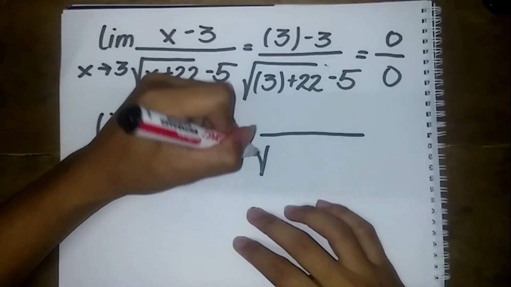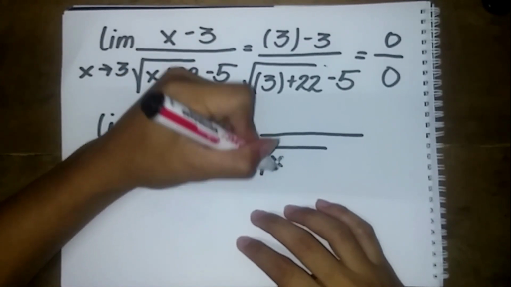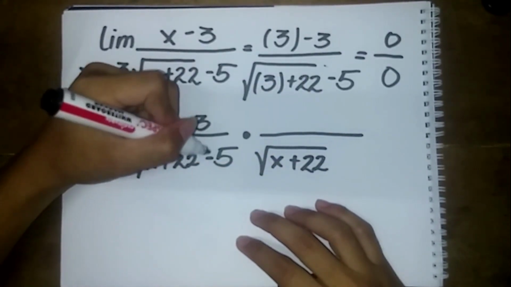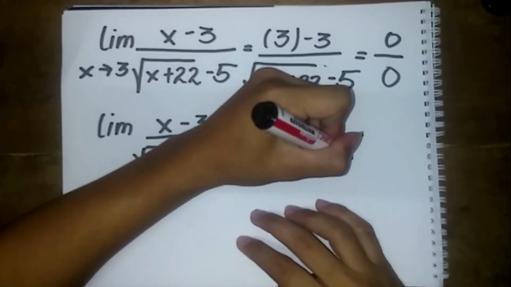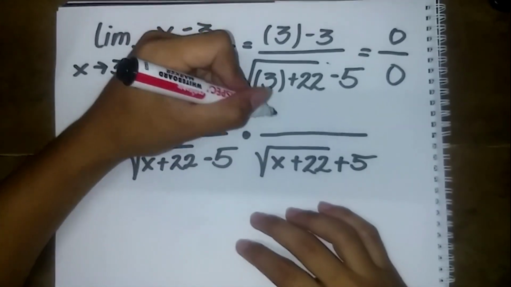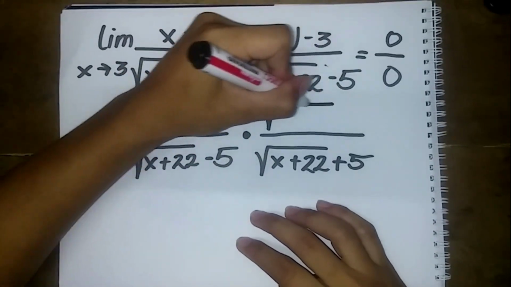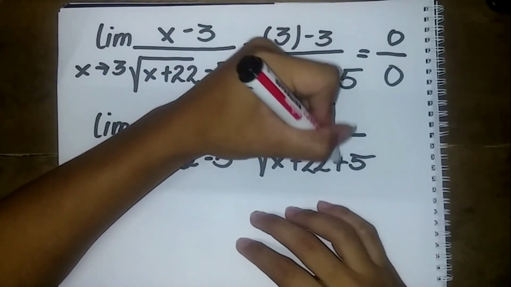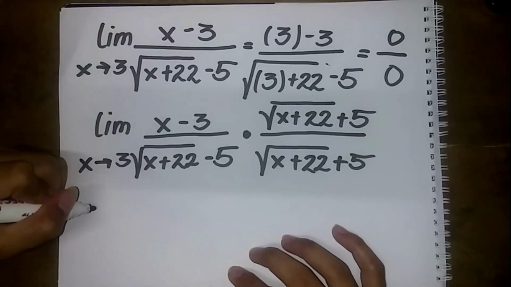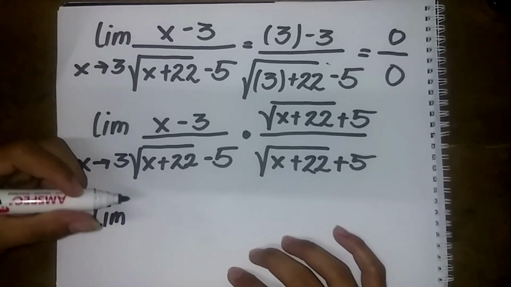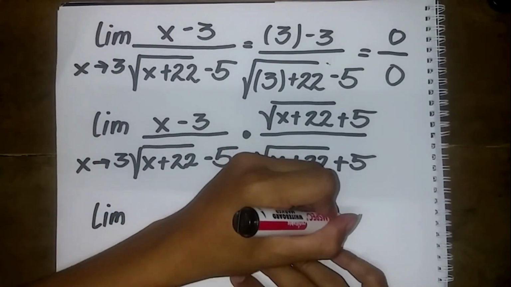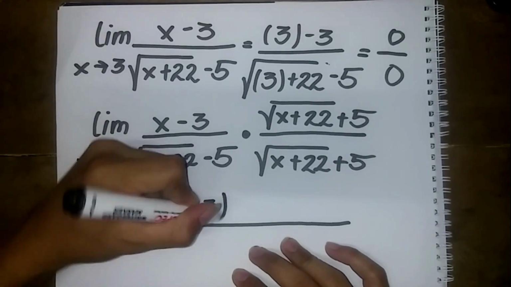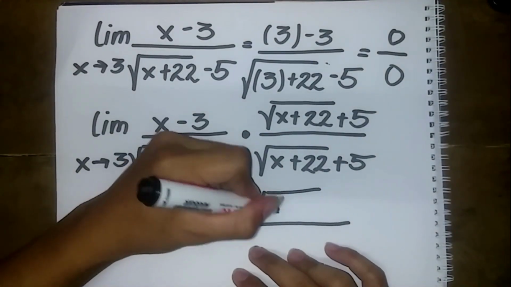We're going to multiply it by its conjugate. So we have the square root of x plus 22 and change the negative to positive, so we have the positive 5, and copy it to the numerator: the quantity x minus 3 multiplied by the square root of x plus 22 plus 5.